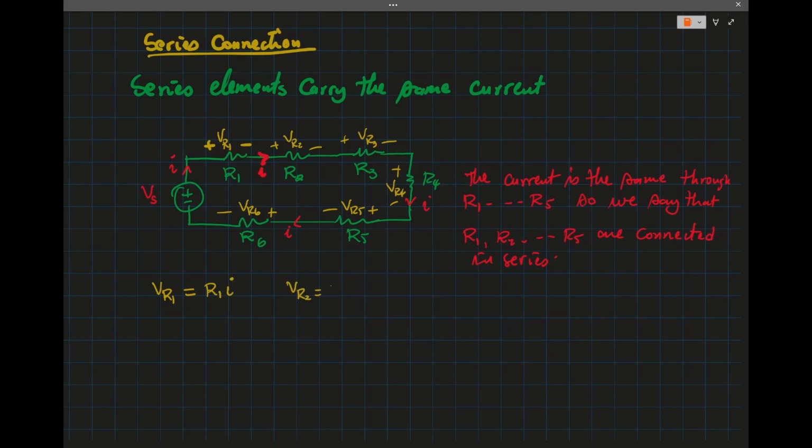VR2 will be R2I, using the passive sign convention. VR3 is R3I. And so let me enumerate all of them. VR4 will be R4I, VR5 equal to R5I, and VR6 equal to R6I.